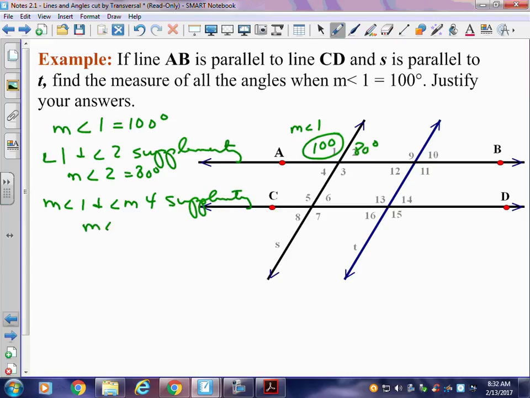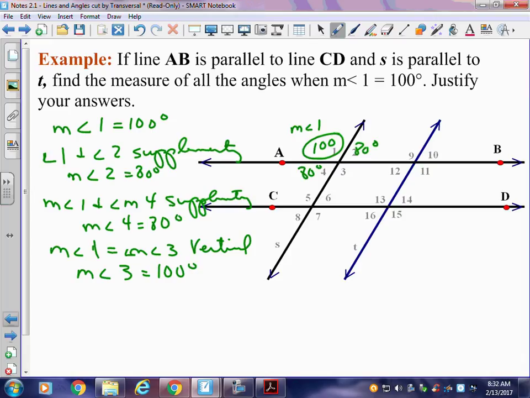So the measure of angle 4 is 80. And the measure of angle 1 and the measure of angle 3, they are vertical, they're congruent, actually let me just use an equal mark, that'd be easier. So that means the measure of angle 3 is equal to 100.